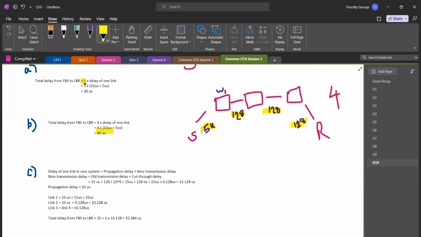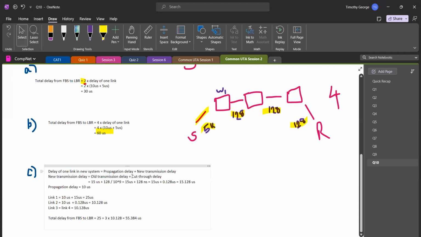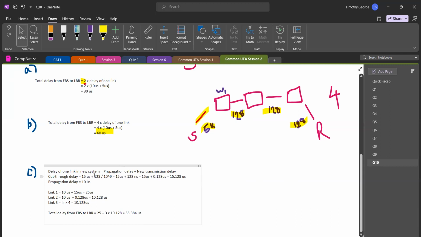Correct? So for the first link we calculated, it's going to be the old transmission delay. So actually, let's not. This is not the new transmission delay. This is the cut through delay. The cut through delay is this 128 nanoseconds.